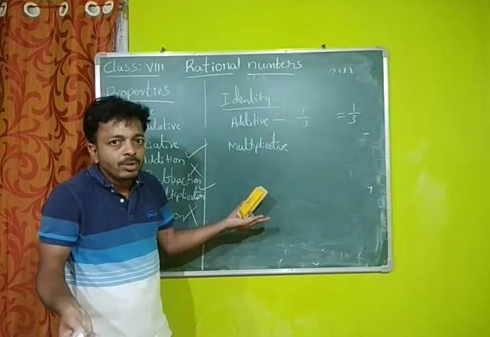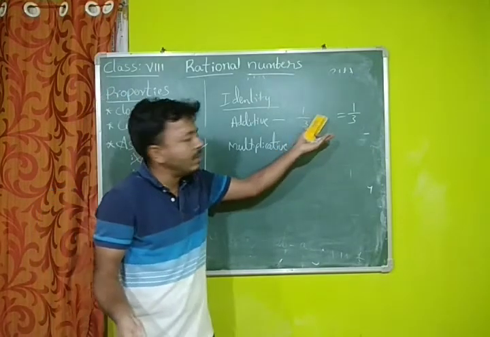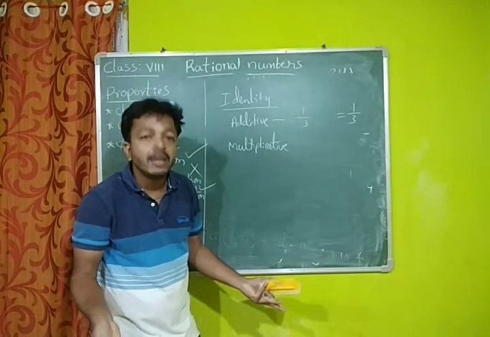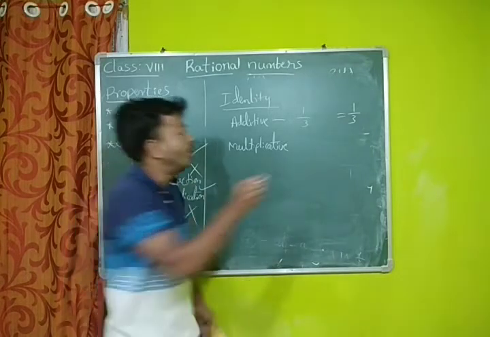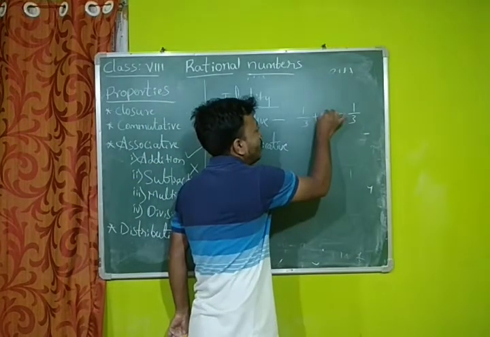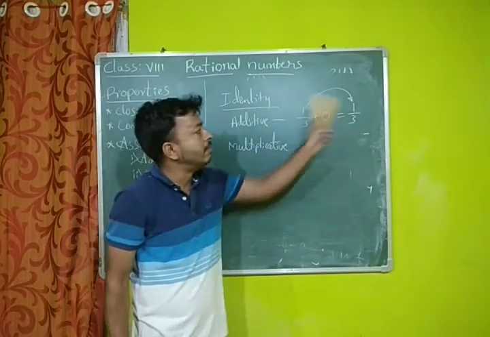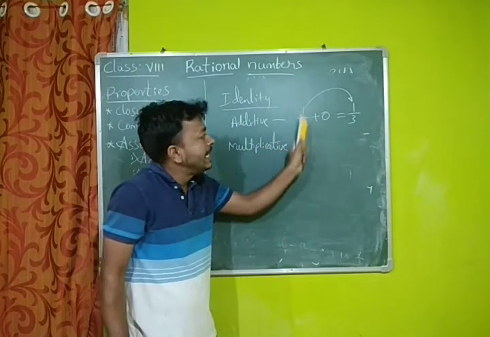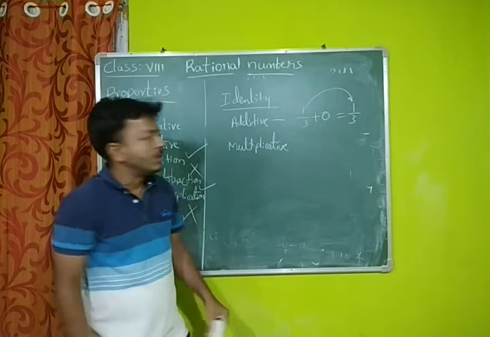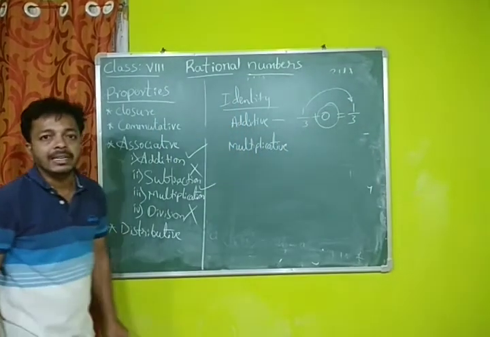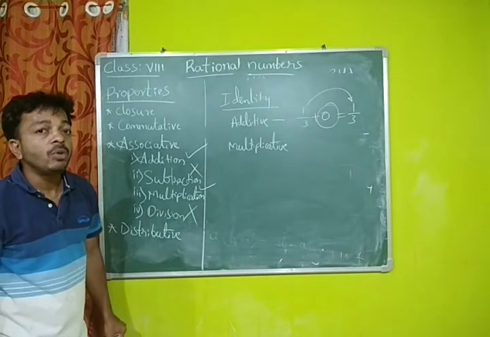If you add 1, you will not get 1 by 3. What should we add? Zero. If you add 0, the same number will occur. So 0 is called the additive identity.